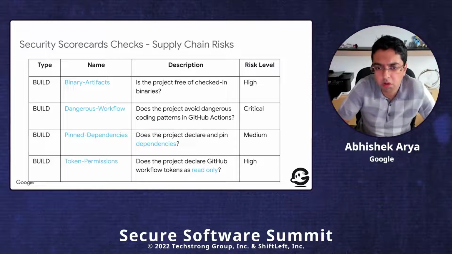It also tries to make sure that the dependencies you pull are pinned. This is very critical. Attacks like CodeCov have shown that if you consume the latest artifact and you cannot verify the hash of it, it could be completely compromised.